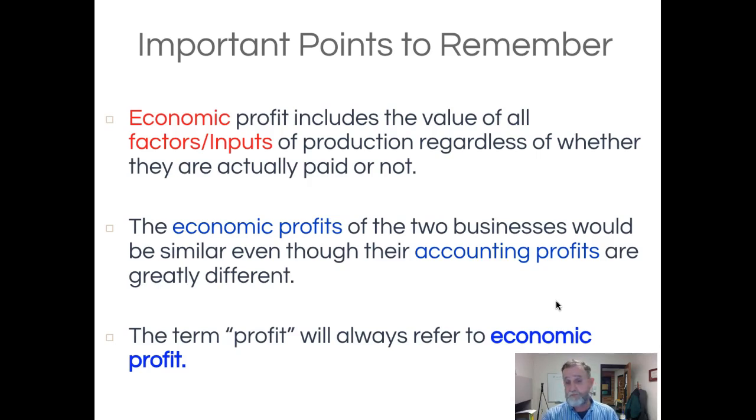And the economic profits of the two businesses would be similar, even though their accounting profits are completely different and diverge from each other in actuality. And from here on out, what I want to emphasize in this whole process is that when we say profit in an economic sense, we're always talking about economic profit, those with the opportunity costs included.